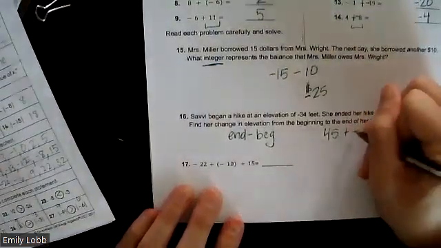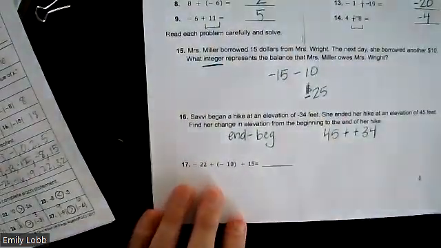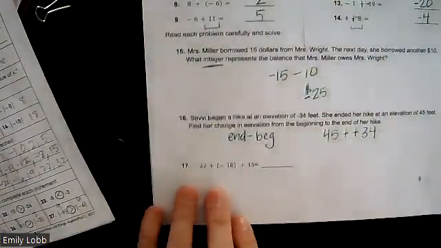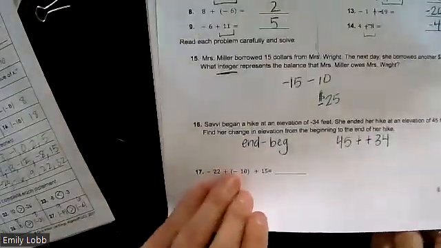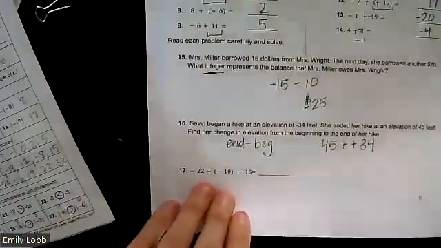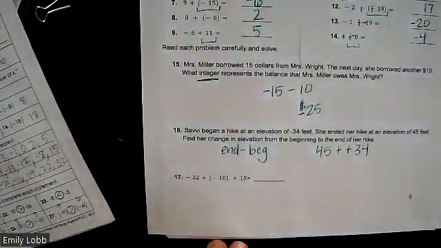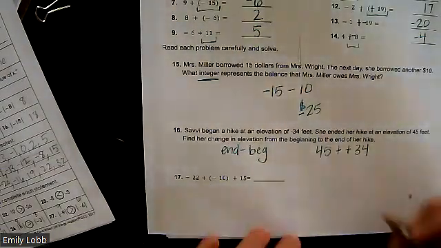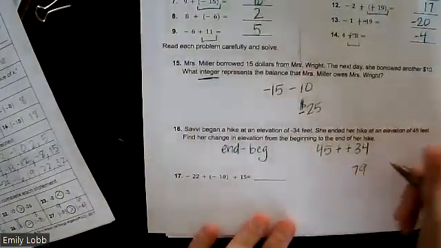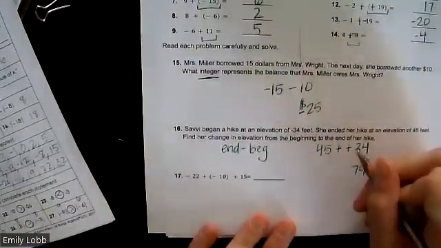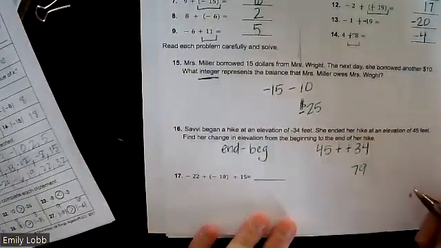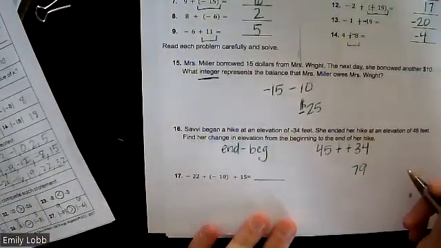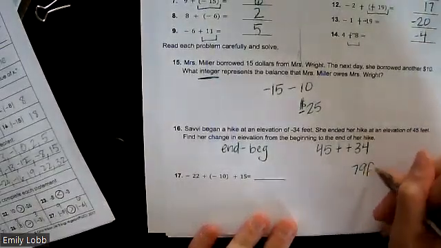Keep, change, change. We're adding. It just says 45 plus 34, right? So 9, 7, 5 and 4 is 9, 4 and 3 is 7. So the change in elevation is 79 feet.